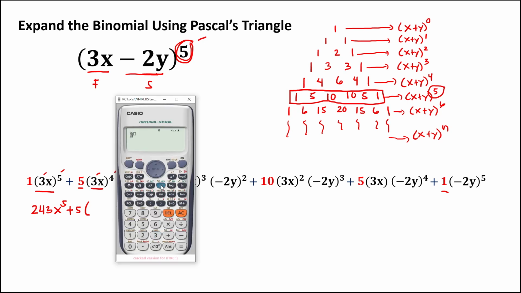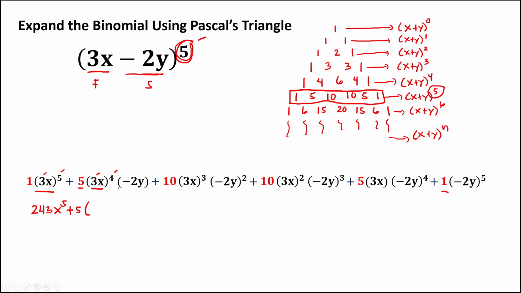So we have 3 to the power 4, that's 81. So this is 81, then x to the power 4, then times, bring down negative 2y, then plus, bring down this 10, then times this 3 to the power 3, this one is 27, then x to the power 3. Then this time for negative 2y to the power 2.